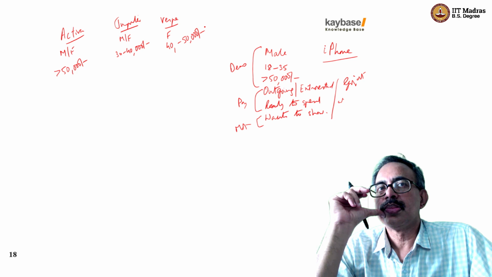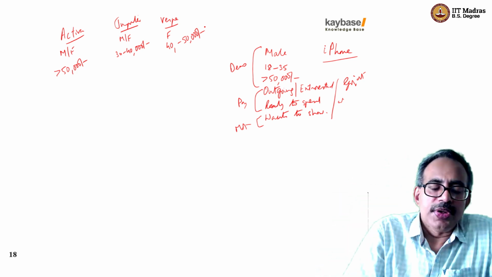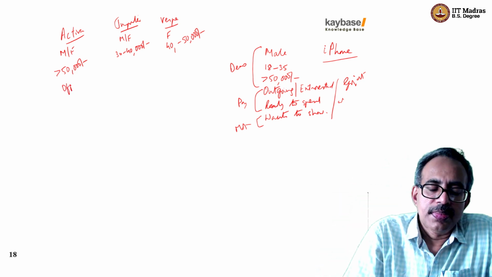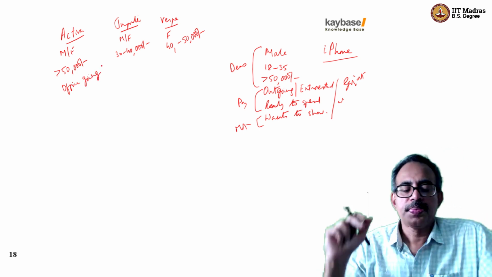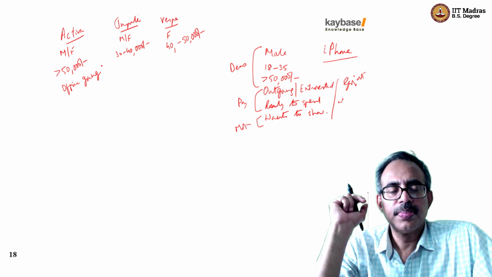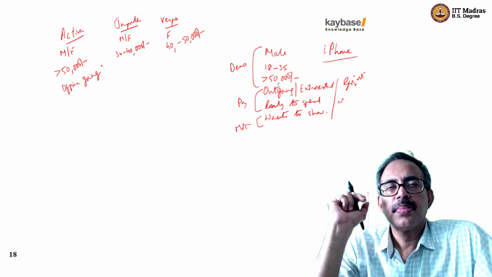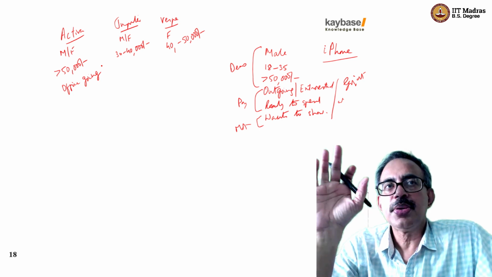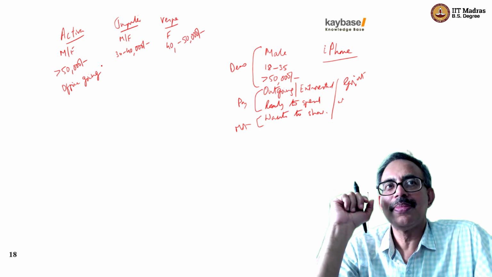Activa will be for office going people. Jupiter will be used by There's no need for it to be different. It can be same.